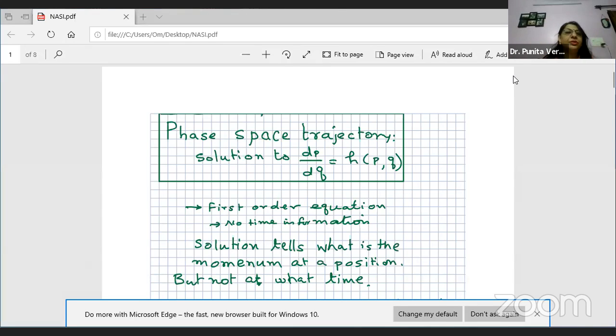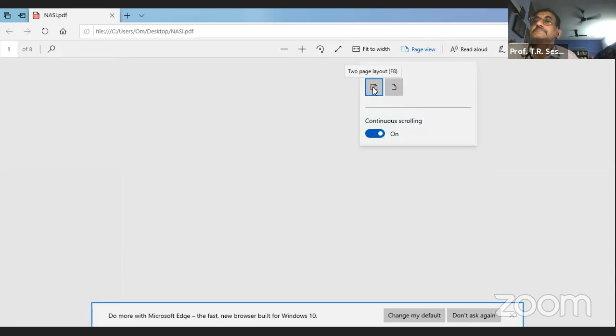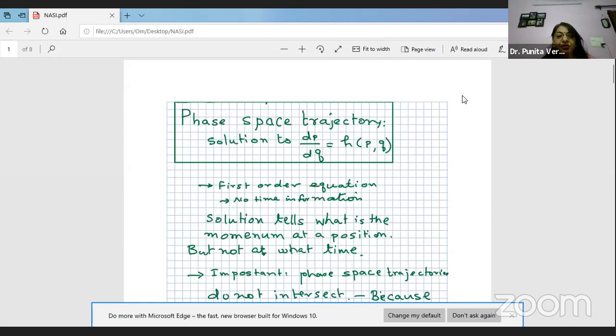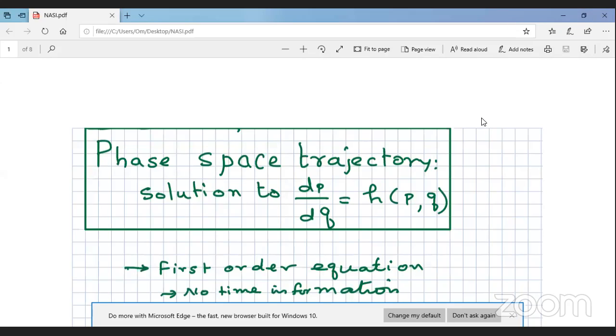You have a gray portion, so try to enlarge it, please. Change the view. Maybe increase the fit to width. There is a fit to width option on top. Now you have to be careful because he'll ask you to slide up and down several times.